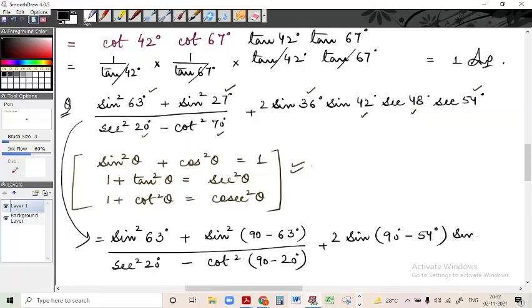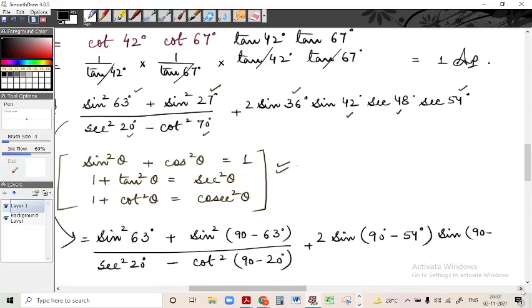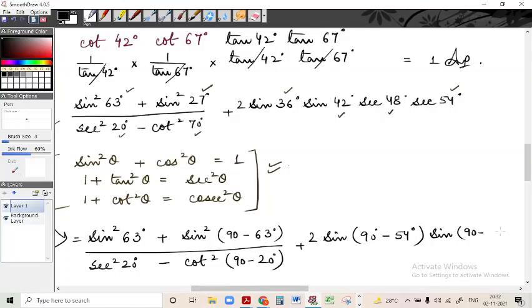Sine 42 can be written as sine (90 minus 48) degree, and sec 48 we will write as it is, sec 54 we will write as it is.